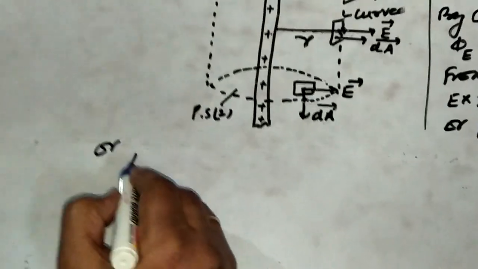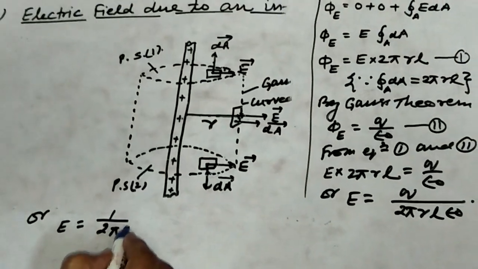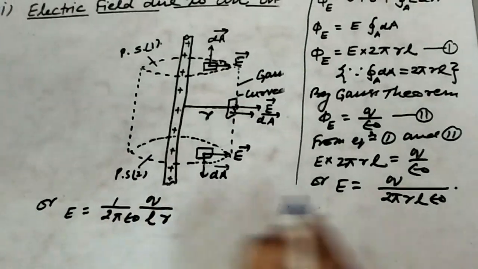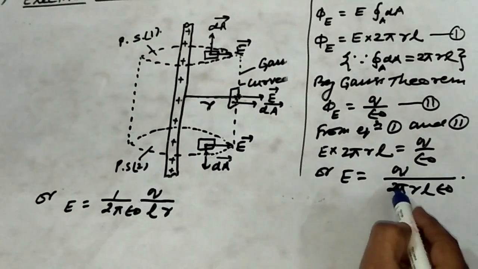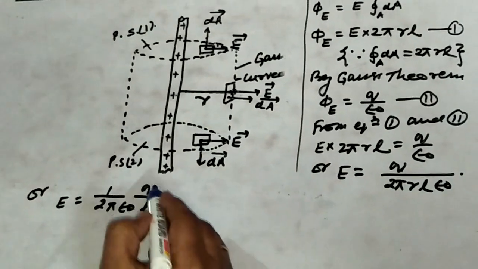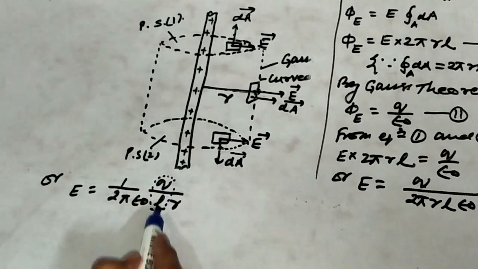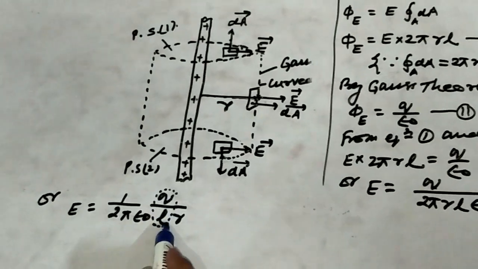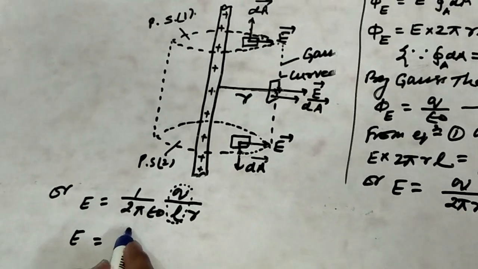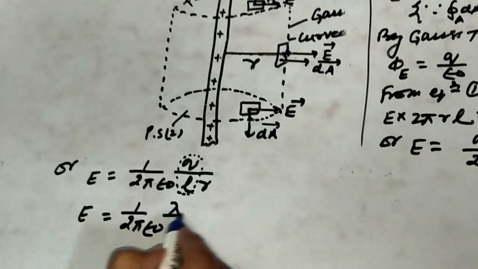Or you can write E is equal to 1 upon 2 pi epsilon naught times Q by L into 1 by R. And Q by L is the charge per unit length, which you can write as the linear charge density lambda. So this becomes 1 upon 2 pi epsilon naught times lambda by R.